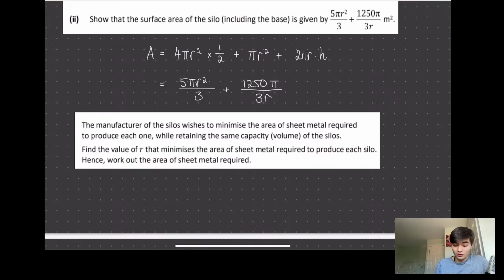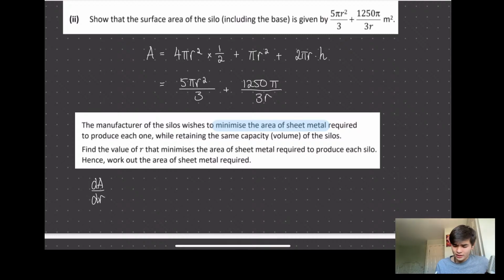What I'm going to want to do is take little pieces of information and try and write them down in equation form first. That's my first thought when I read a long question like this. So I know what the area is, and if I'm going to minimize the area of the sheet, just like before when we're talking about minimum, right? We know that we're going to need to find the gradient and set it equal to 0. So I'm going to at some point need to work out dA/dr.